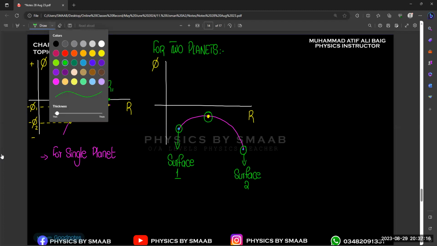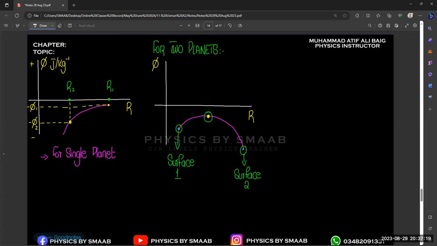So the first graph shows you that the central point, the yellow point, is moving away from planet 1, and the second curve shows you it is moving towards planet number 2, right?